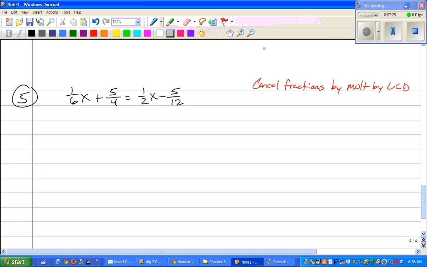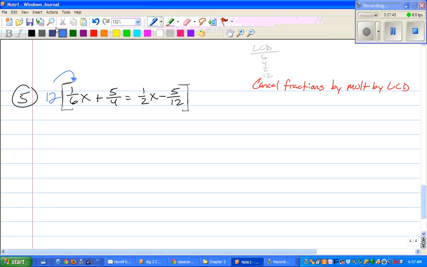So on this one, to find the LCD, I would want the LCD of 6, 4, 2, and 12. Now, thankfully for this one, the LCD is 12.